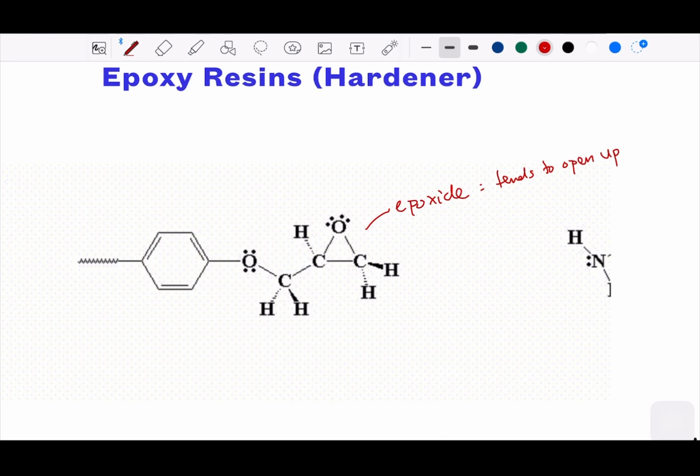So we can say at these positions, perhaps here, this is going to be prone to nucleophilic attack. So we can say that this triangle is actually unstable.